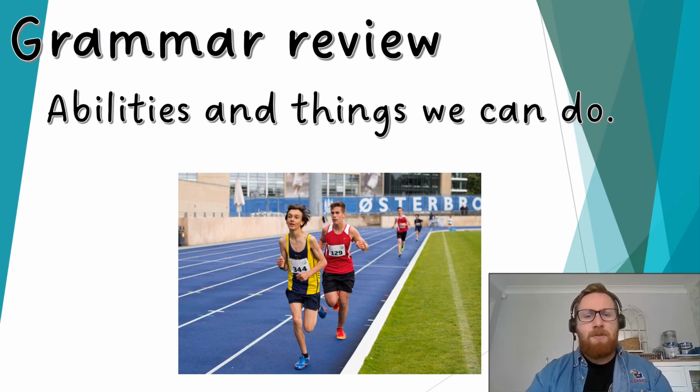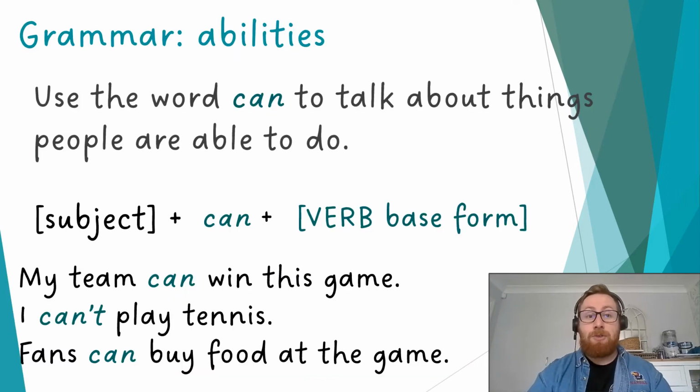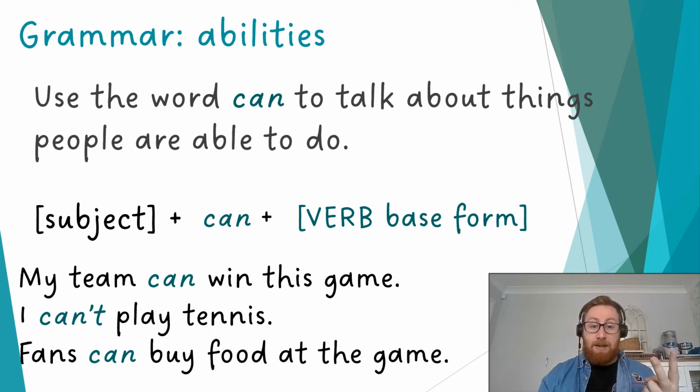So one thing we're going to review is a bit of grammar, abilities, and things we can do. So I can play soccer. She can swim. These are things that we can do, and we use the grammar can to talk about abilities. So when we talk about this, we have subject plus can, and then the base form of the verb. My team can win this game.